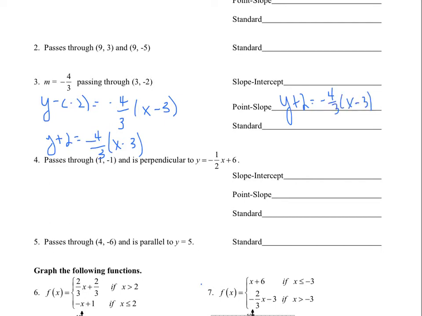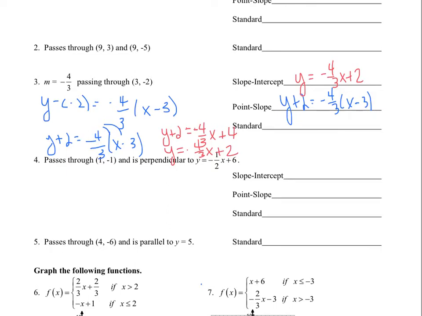Okay. Then to go to slope-intercept form, we need to distribute the slope through. So now I have y plus 2 equals negative 4/3 x plus 4. So y equals negative 4/3 x plus 2. Okay.